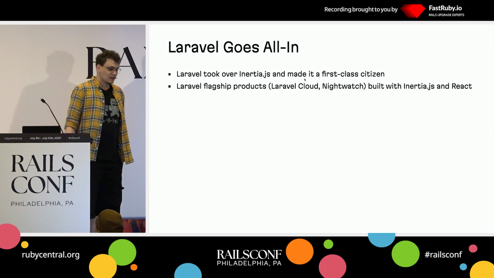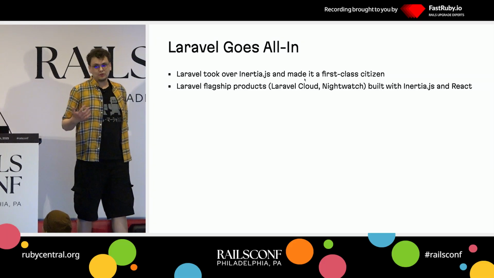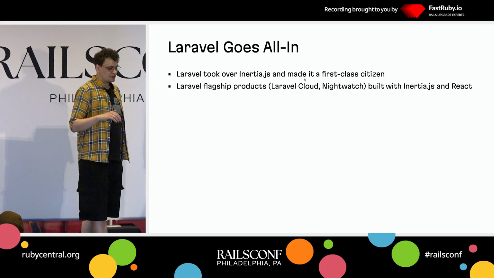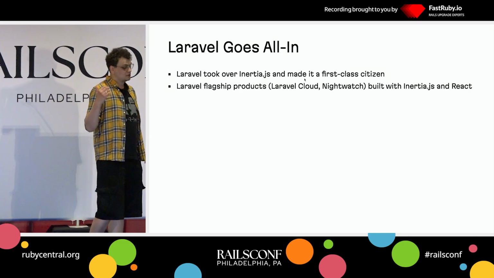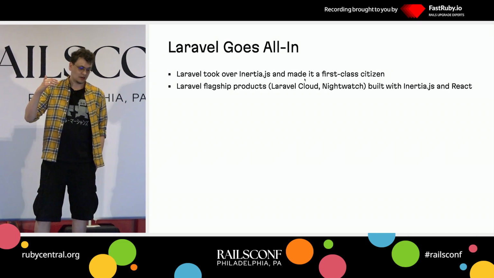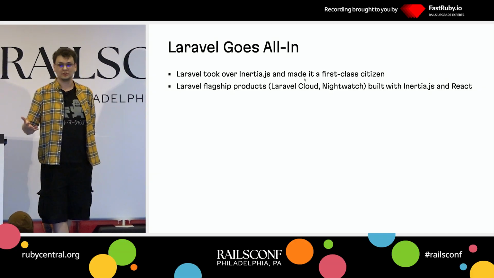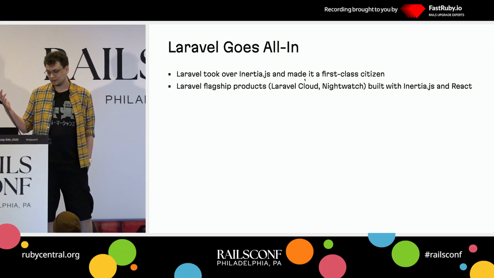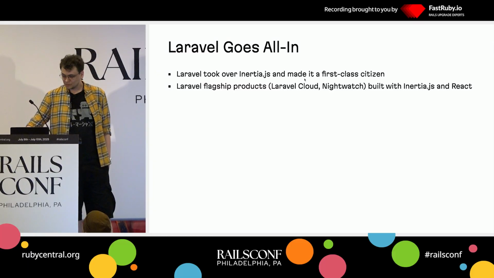While being relatively new to Rails, Inertia.js already became a staple in the Laravel ecosystem. Laravel flagship products are built on top of Inertia and React, showcasing the power of the technology.